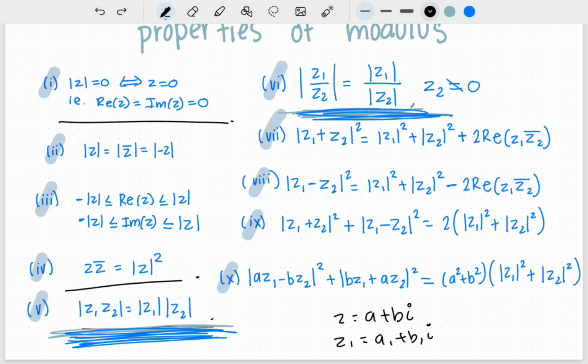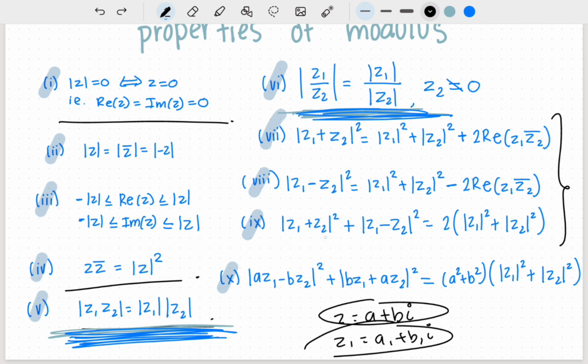And next, you may have seen these ones. They're really, really long, but overall, once again, it's the same thing. Just assume z is a complex number. And these three properties have something to do with each other. So you see that this is the modulus of z1 plus z2 squared. This is the modulus of z1 minus z2 squared.